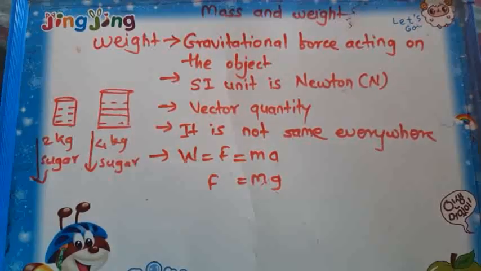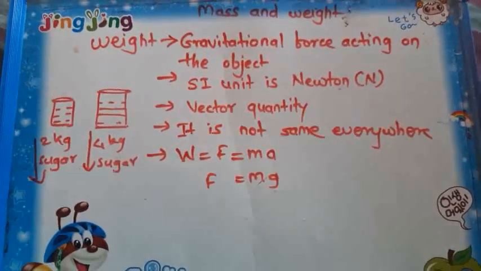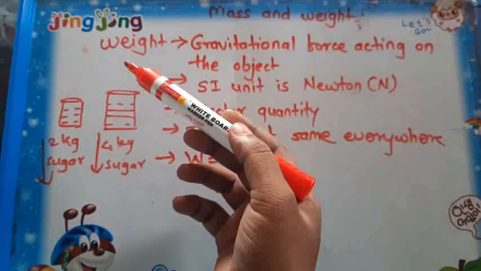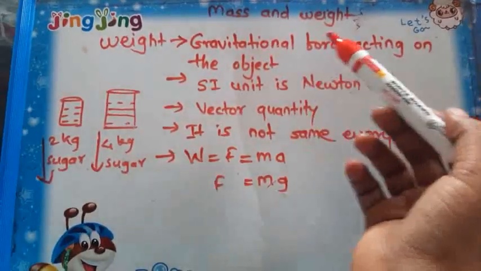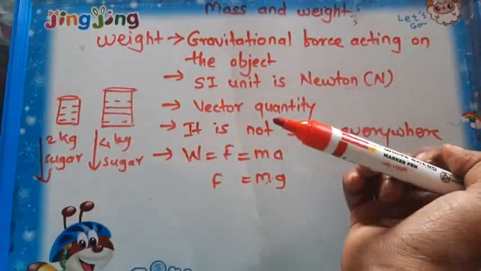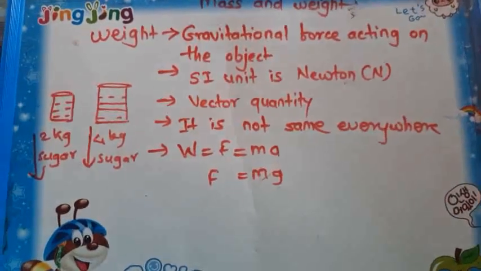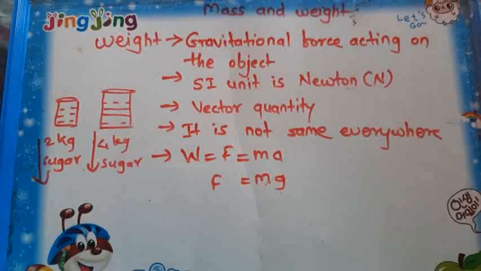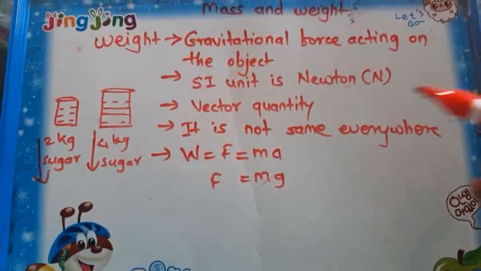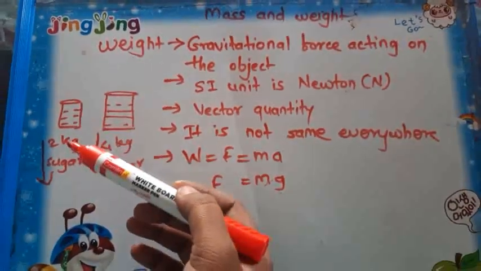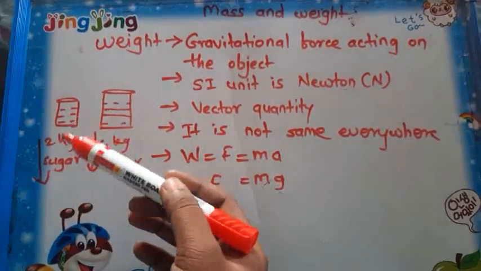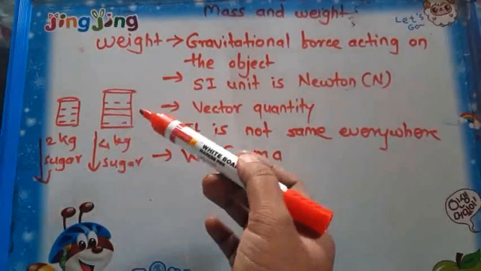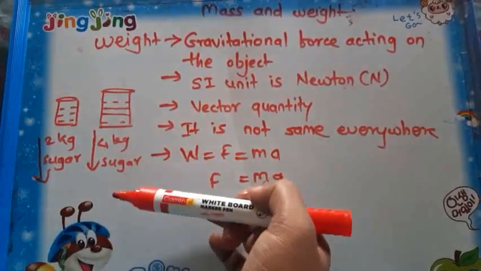Now we will see what is meant by weight. Weight can be defined as gravitational force acting on the object. We know that Earth is applying gravitational force on every object. For example, consider the same 2 cups filled with sugar. One is filled with 2 kg sugar and second is filled with 4 kg sugar.